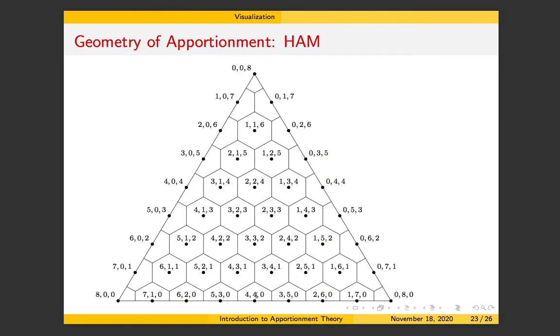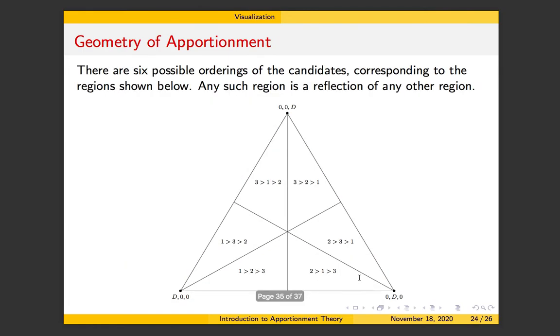If I were to carve this up, down here in this bottom 6th, I just get this hexagonal tiling, and then I could reflect it around to fill in the rest of this diagram. So everything is symmetric by candidate ordering, okay? And that makes sense. No candidate gets treated any better or worse than any other here.